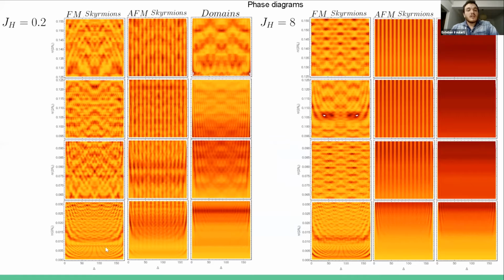We see here that even though the behavior is quite the same for the first fillings, if we increase the filling and go up in the y-axis, the pattern is quite different in the three kinds of textures, and the most interesting one is the pattern observed in antiferromagnetic skyrmions. Moreover, in the strong coupling limit, we see these stripes on the filling axis, remarking again the stability of this kind of skyrmions.